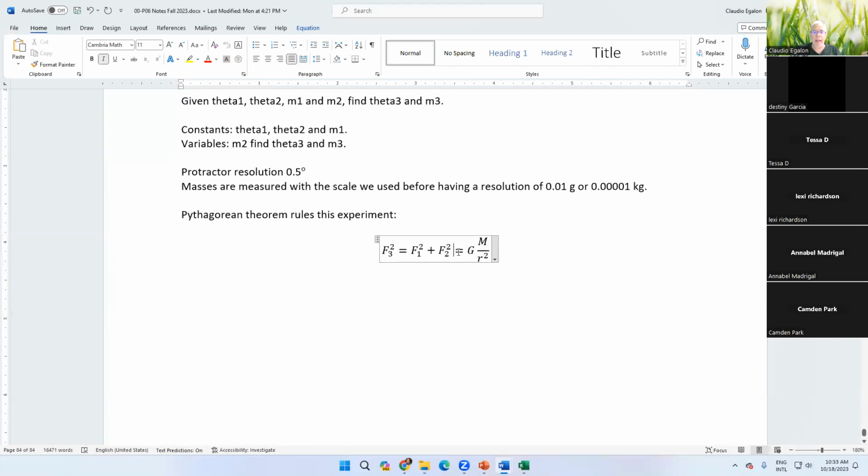But let's not forget that those forces are given by the mass times the acceleration of gravity: M3 squared g squared, M1 squared g squared, M2 squared g squared. Cancel the g.